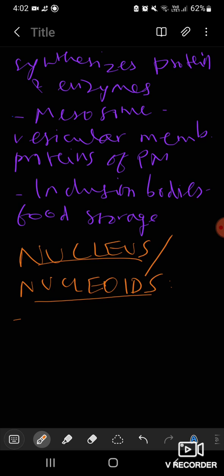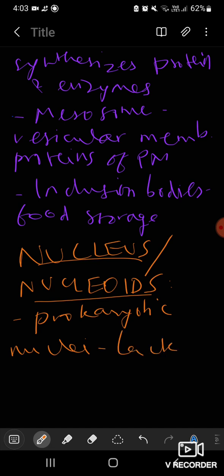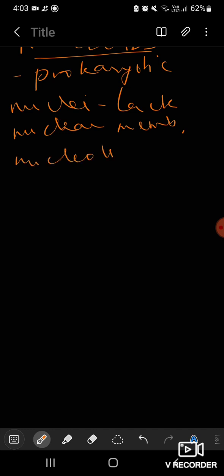The bacteria contain prokaryotic nuclei which lack a nuclear membrane, nucleolus, and nucleoplasm.